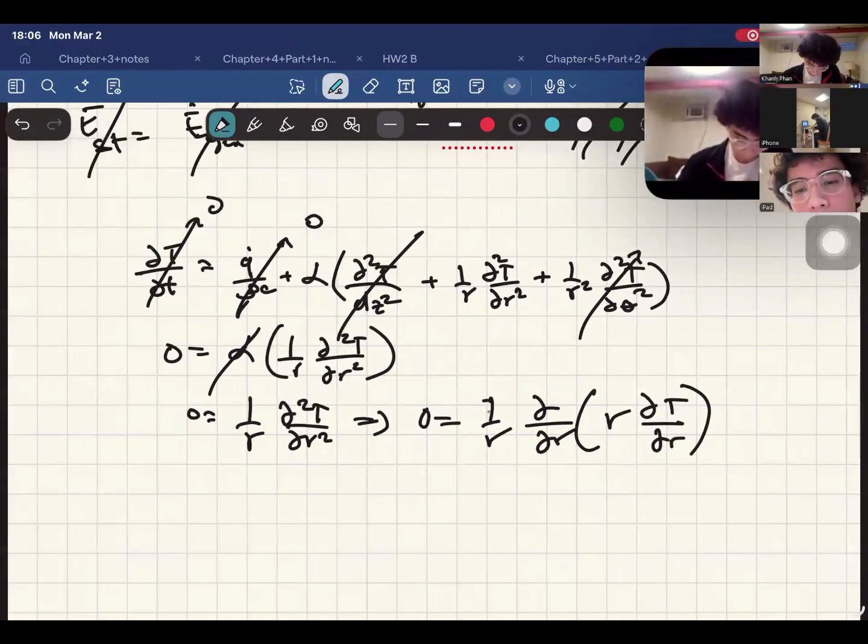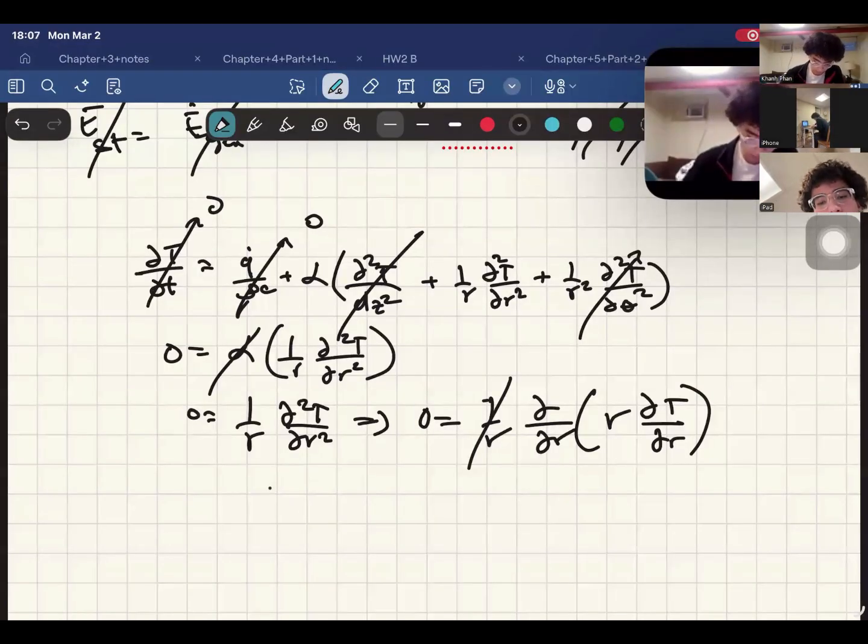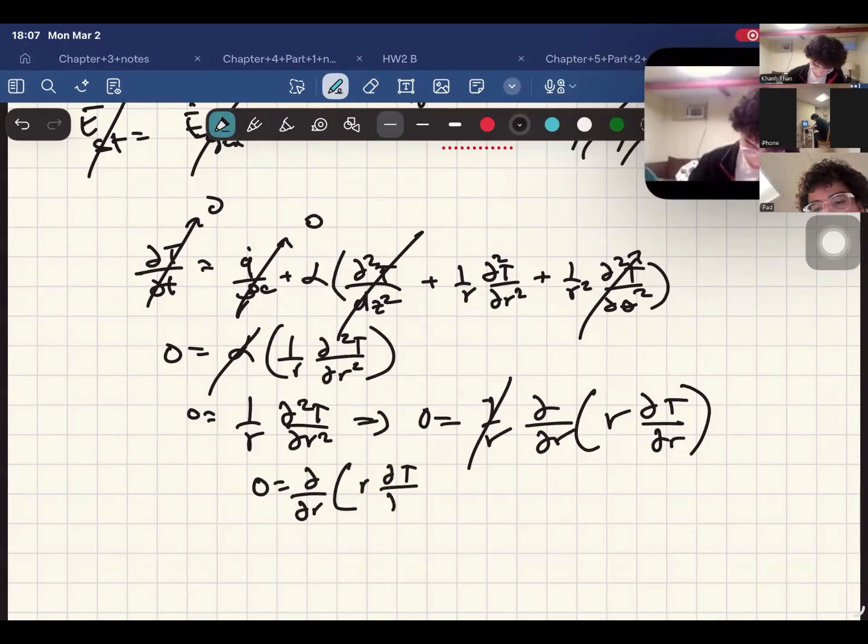And then this R over here is a constant, so we can also eliminate that. So we have 0 is equal to the derivative of R dT/dr.